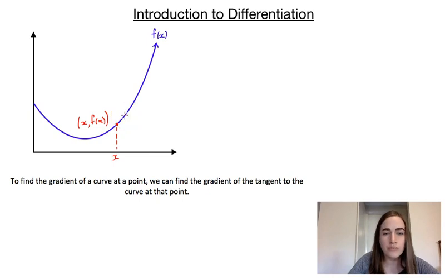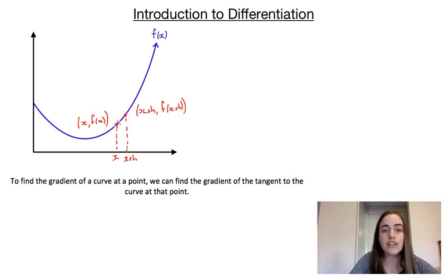I'm going to draw it up here, just because I can't draw it infinitesimally close, because then we can't read it. And I'm going to say that this point has the x coordinate x plus h, where h is just a number. So I've gone from wherever we are here at x, and then I've added a little bit, which I've called h. So this point here would have coordinates x plus h, f of x plus h.